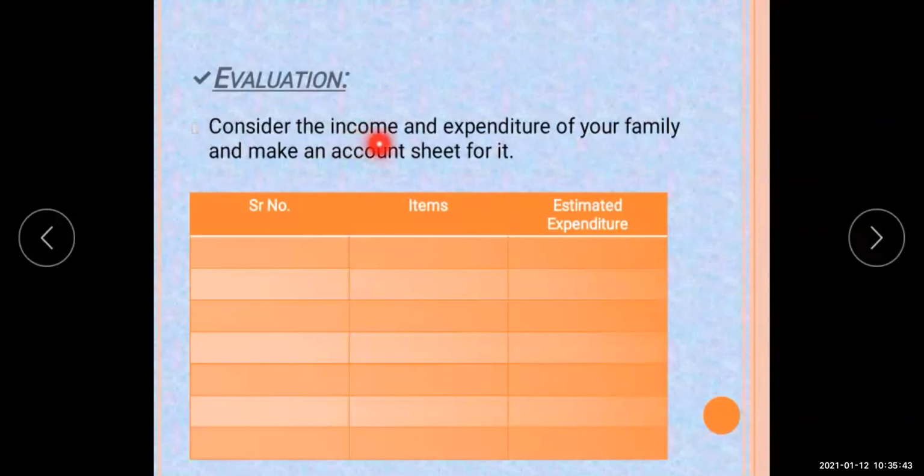Consider the income and expenditure of your family and make an account sheet for it. You remember, students, in the first part we did that activity. But now you have to think about your family's income and estimated expenditure. Note down what is going on in your family and balance it.